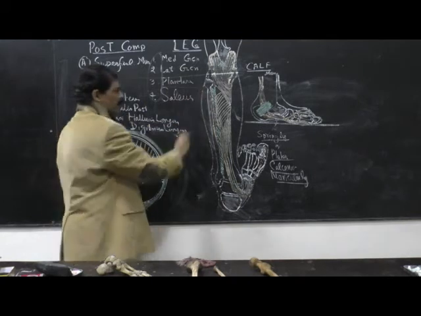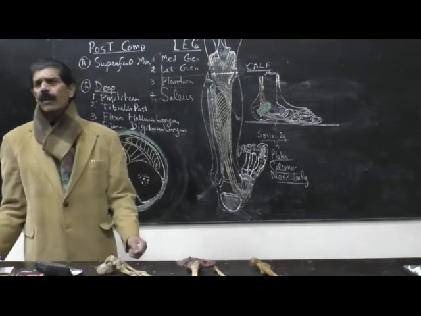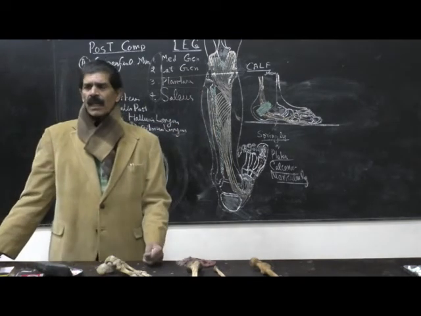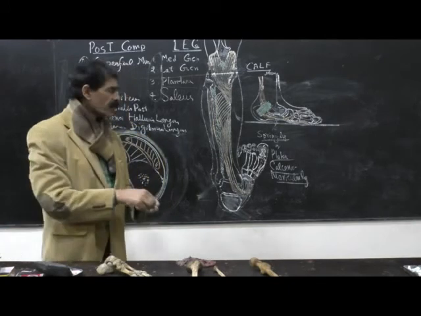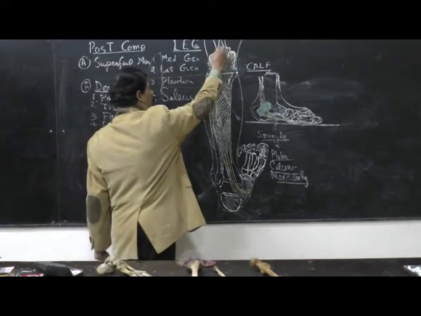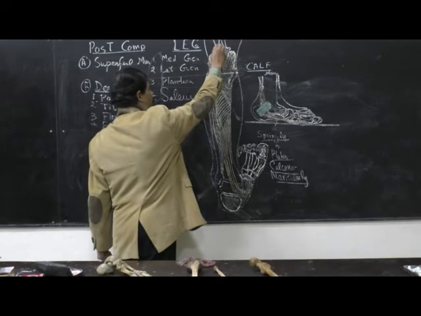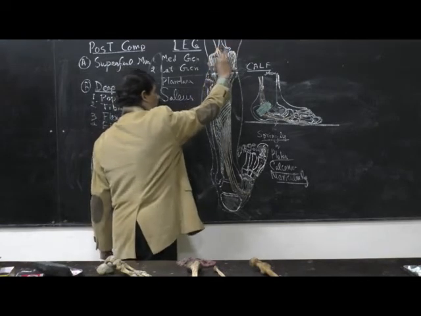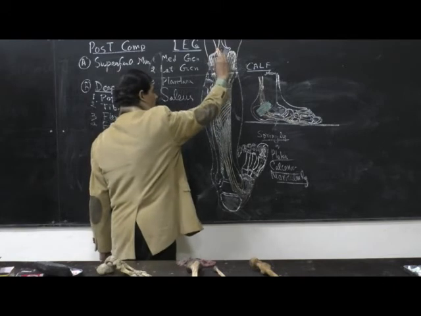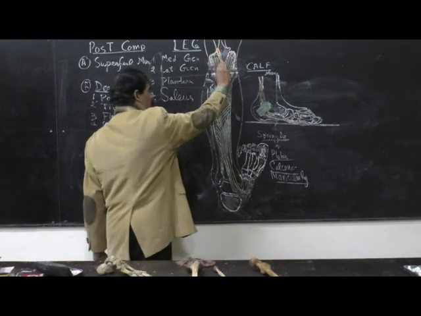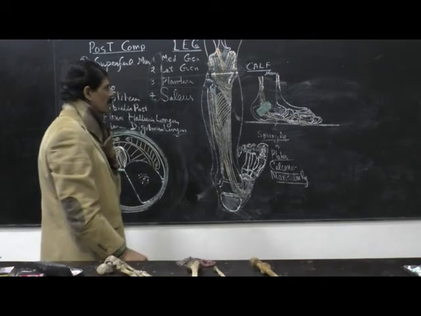The plantaris muscle is present in only 10% of the population. When it is present, it takes origin from the lower part of the lateral supracondylar line and runs with the lateral gastrocnemius muscle.